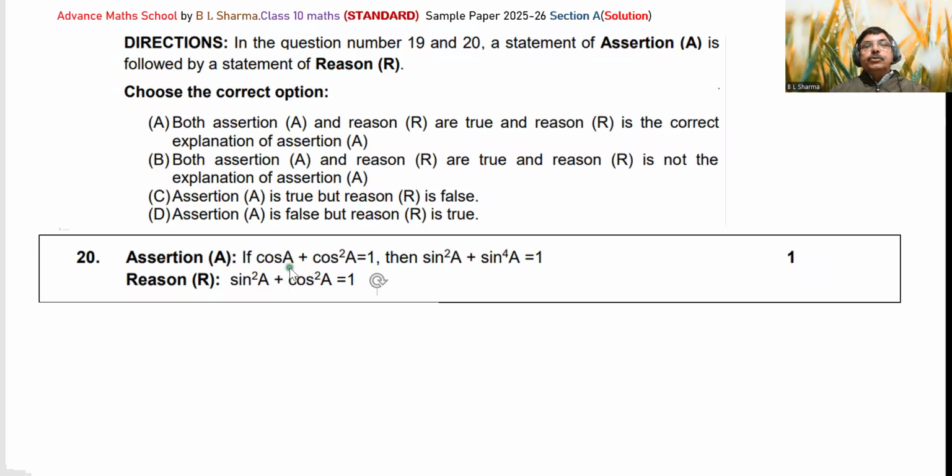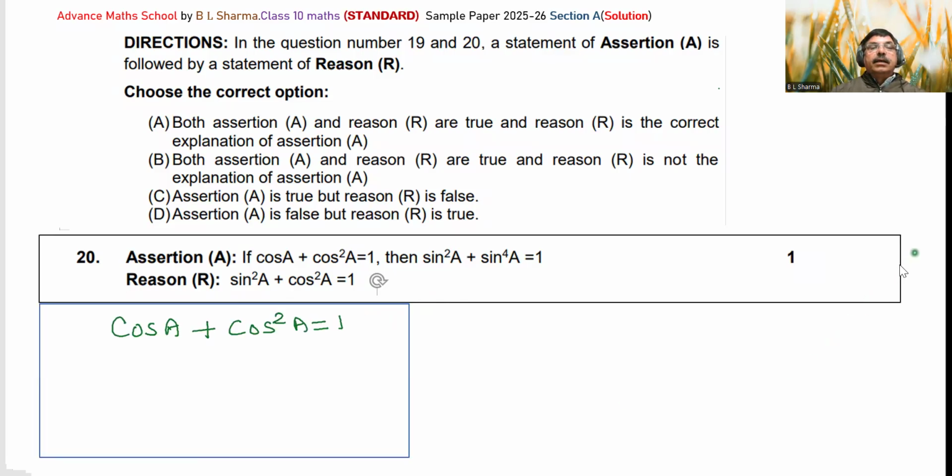Assertion: if cos A plus cos square A is equal to 1, then sin square A plus sin 4A will be equal to 1, and the reason is sin square A plus cos square A is equal to 1. The reason is absolutely right, we know this identity. Is the assertion based on the reason? Let us check. Cos A plus cos square A is equal to 1, it is given.